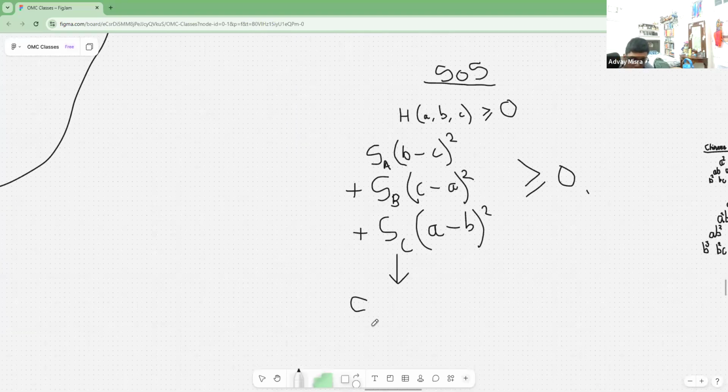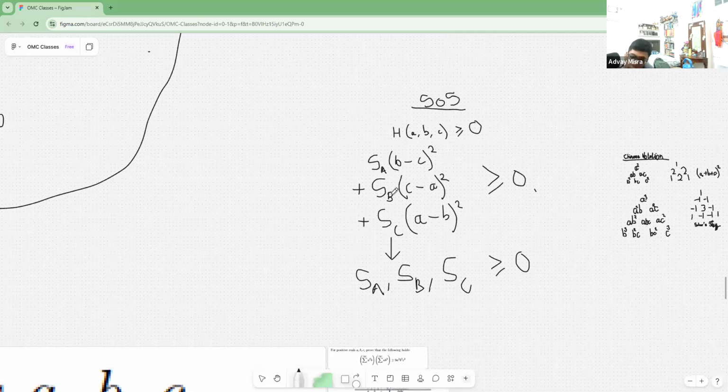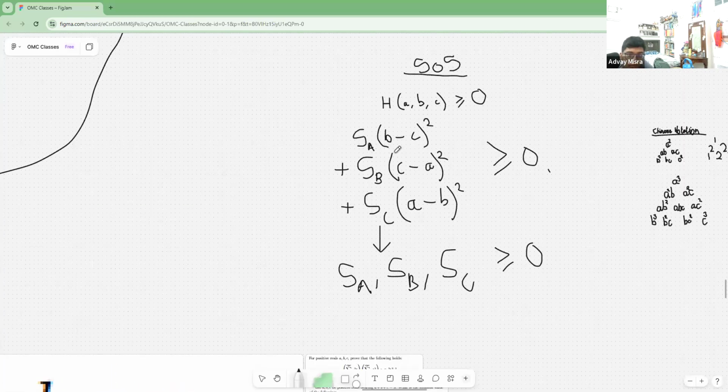So now if SA, SB, SC are all greater than or equal to 0, then obviously this thing is non-negative. But in fact, we actually have even better results than this, because even if SA, SB, and SC are not all non-negative, then we can still use alternatives.